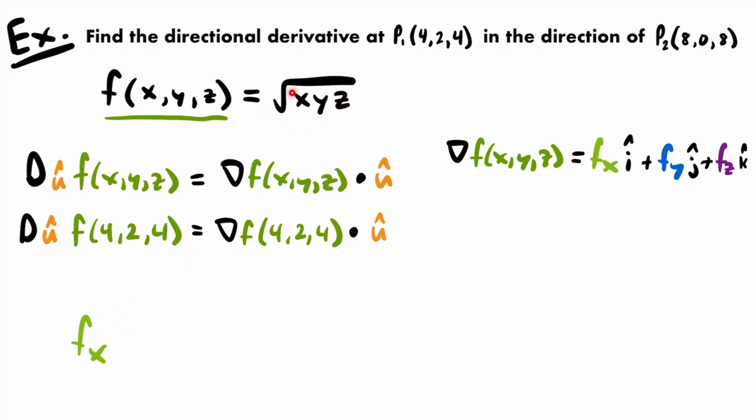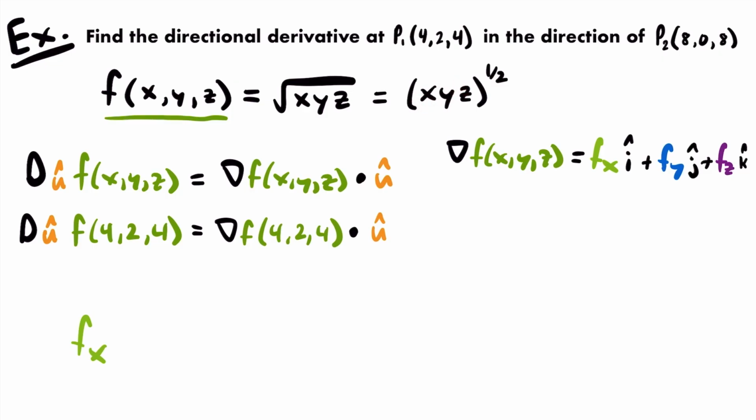And looking at our function here, x is inside this square root function, so we will want to use the chain rule here. And to help us use that, I'm going to rewrite the function as x times y times z to the 1/2 power. And then since x is inside that quantity, we need to use the chain rule. We'll take the derivative of the outside function and multiply by the derivative of the inside function.